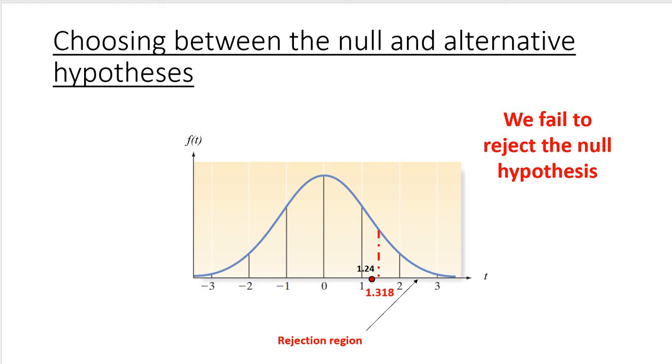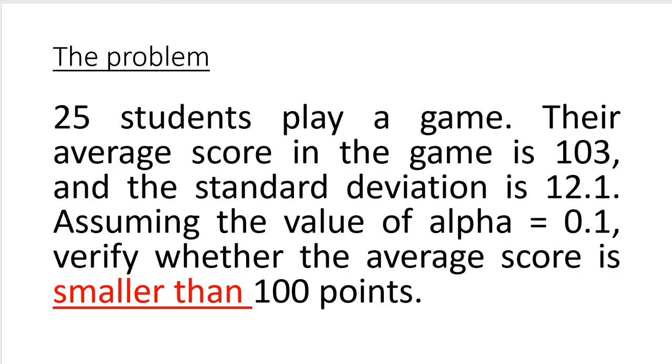So even though they are pretty close, it's not enough to say that the average score is bigger than 100, and this difference is statistically significant at the 10% significance level. So at least for our chosen value of alpha, we fail to reject the null hypothesis.